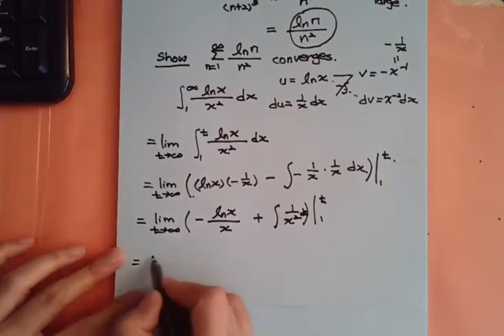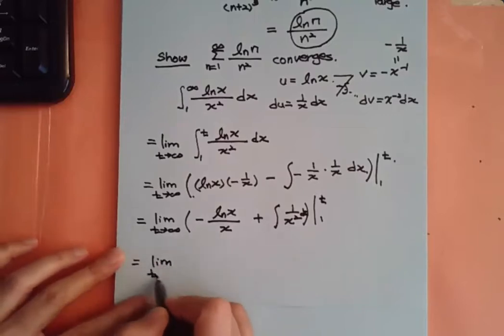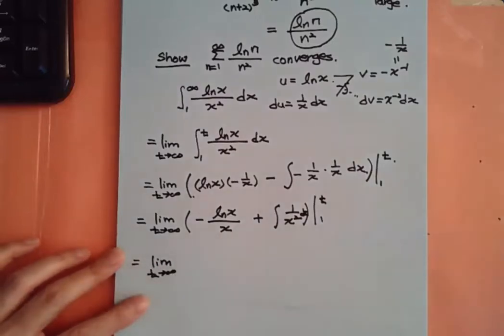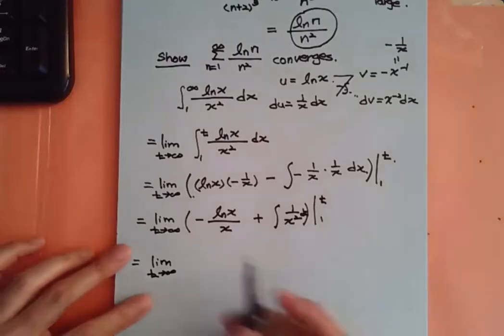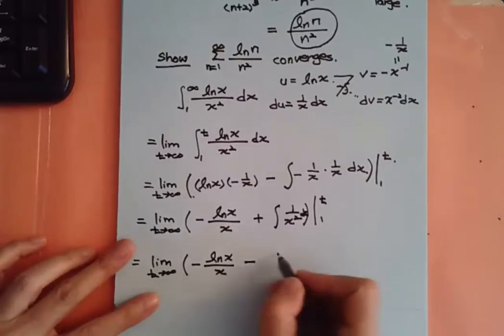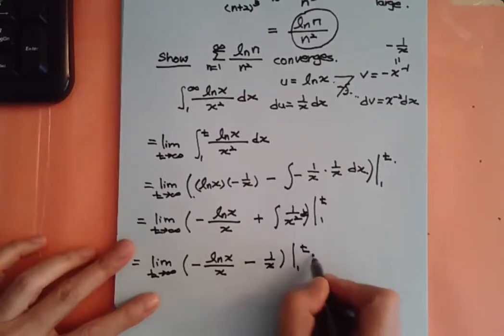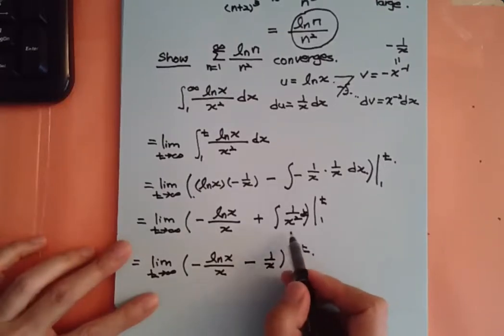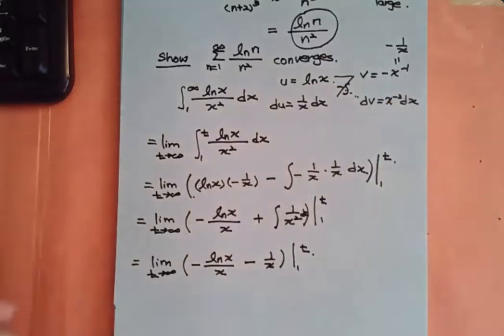So that equals the limit of minus natural log of x over x minus 1 over x, from 1 to t.